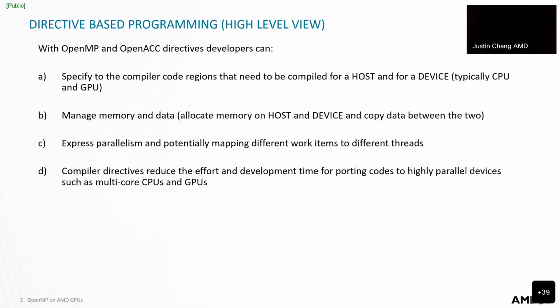So like managing memory and data, where you can allocate memory on a host or device, express parallelism and potentially map different work items to different threads. And the important part is that compiler directives reduce the effort and development time for porting codes to highly parallel devices such as multi-core CPUs and GPUs.